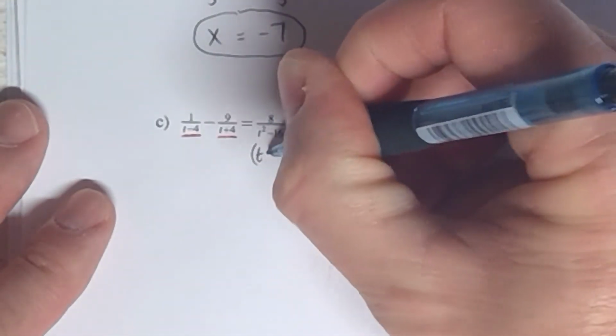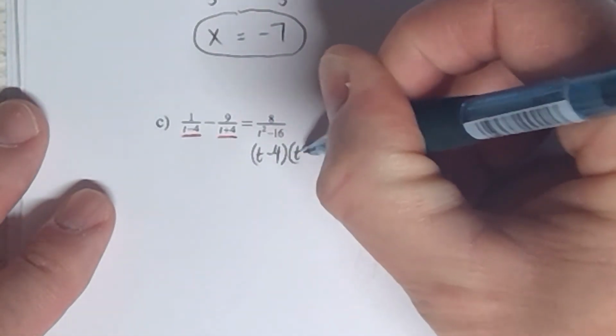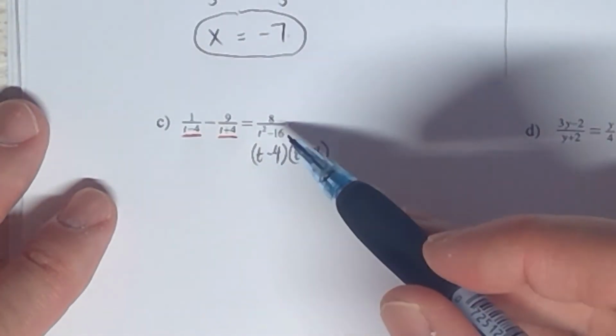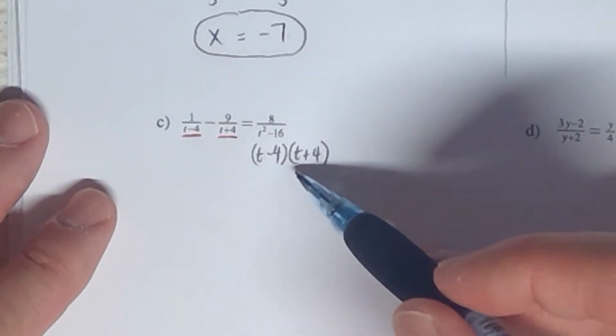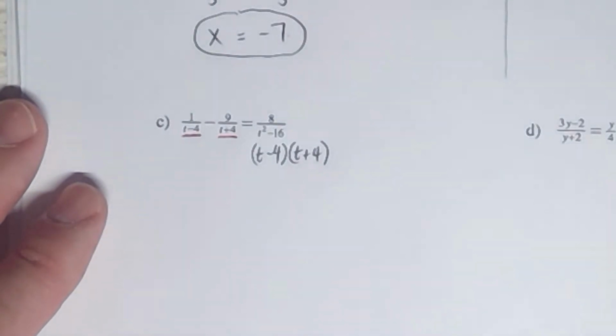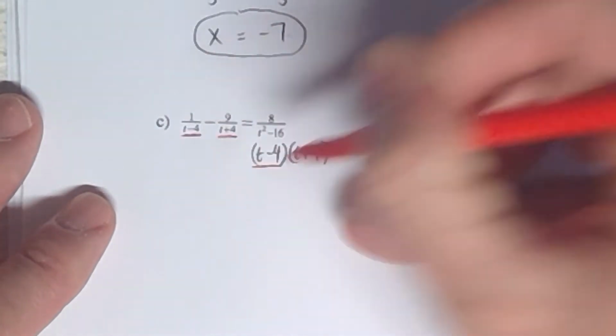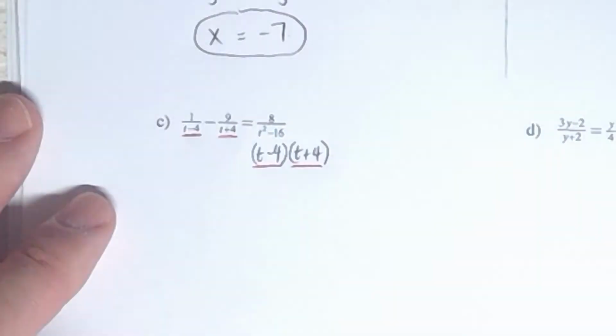That would be t minus 4 and t plus 4. T squared minus 4 squared, right? We know that formula from when we learned how to factor two terms back in 7.4 if you want to review that. So that gives me two factors here.